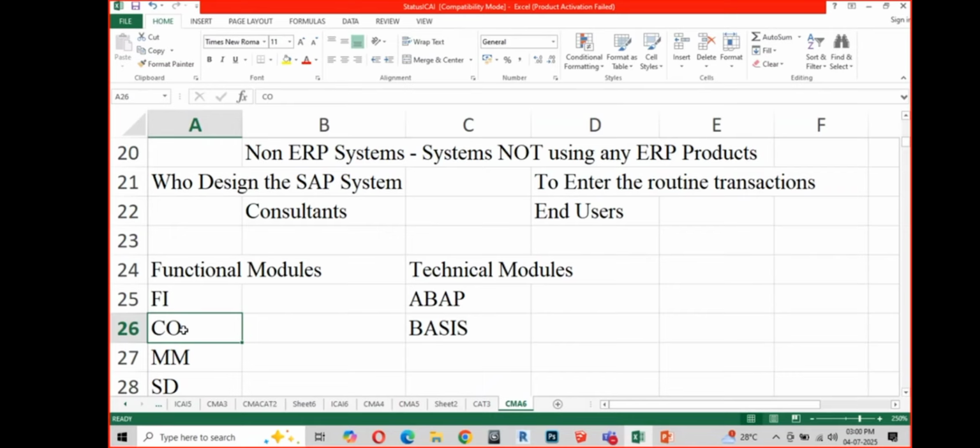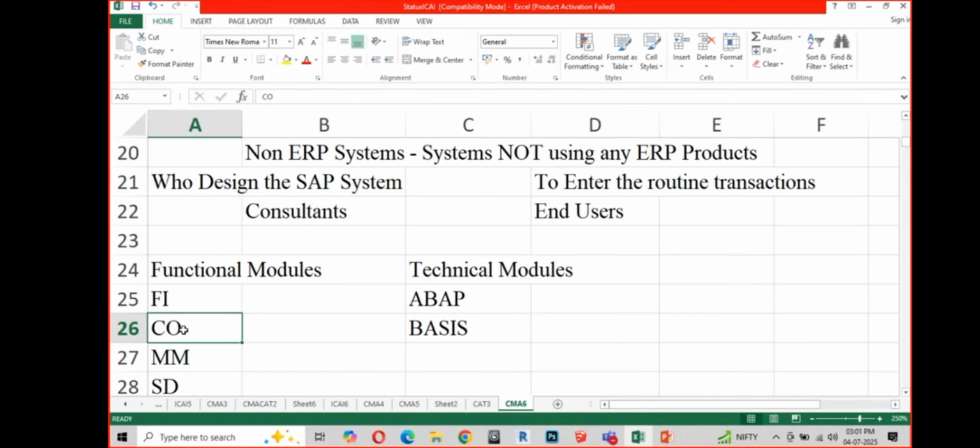So this is how your entire SAP environment is broken up. First of all, you are recognized either as a consultant or as an end user. We know very well who a consultant is and who the end users are. Even among the end users, you may come across terms like super users and power users.